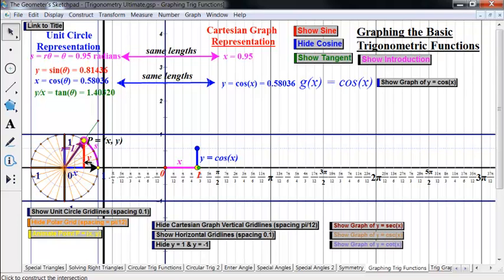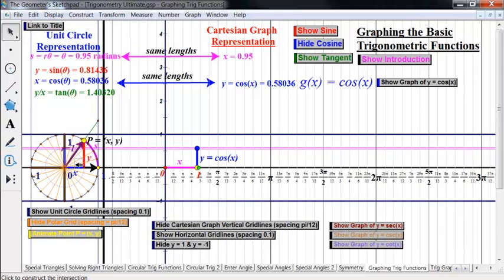So what I've done is I rotated it up around this circle right here to get the blue distance right here, and then I've just translated that over around this line here and given my height here. So this blue distance here, which is a y value on the Cartesian graph, is an x value on the unit circle graph.